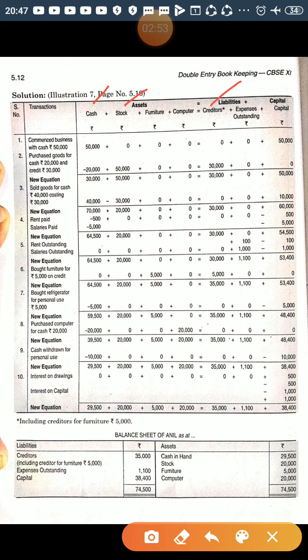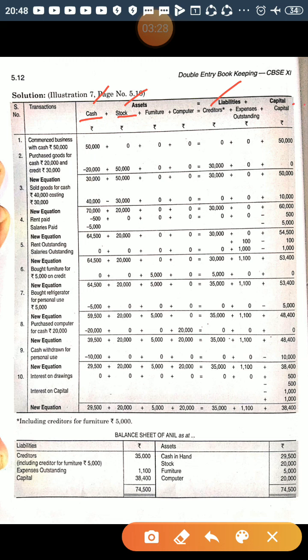Now next transaction, sold goods for cash 40,000 costing rupees 30,000. So stock is involved, which is already written, and cash is also written. Now there is a difference between selling price and cost, and that difference is a profit. The rule is profit or loss will be adjusted from capital, so profit should be added to the capital, which is already written.